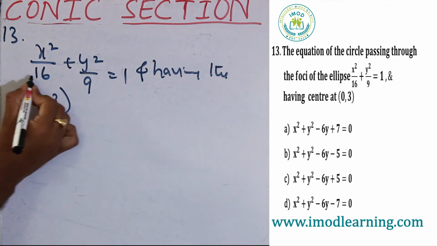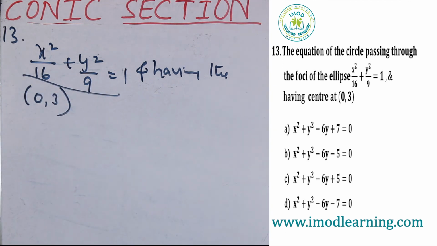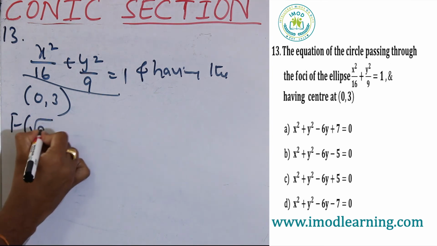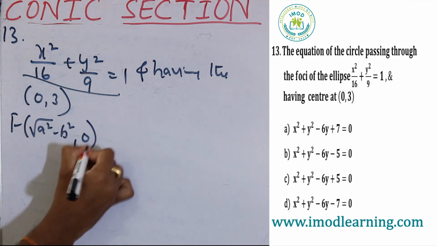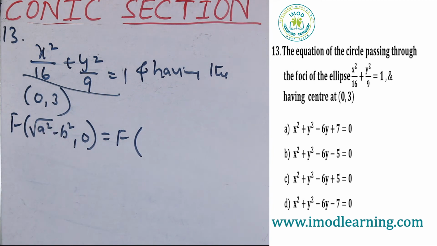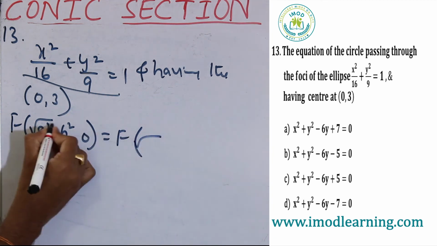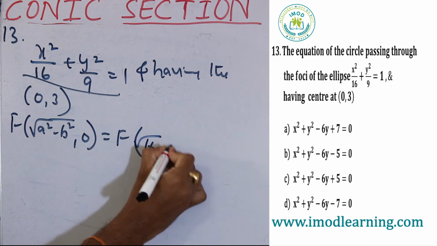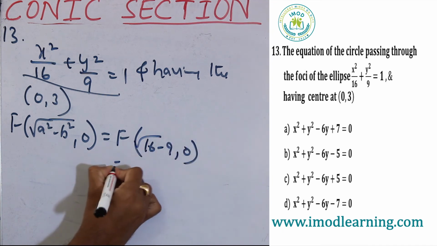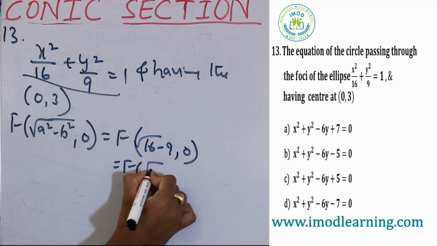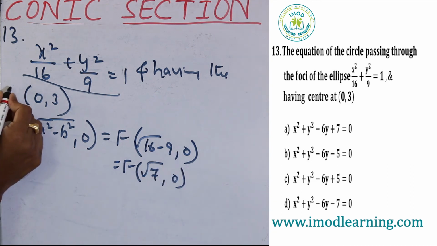For this you can find out the foci. So foci is equal to plus or minus square root of a square minus b square, 0, which is equal to root of 16 minus 9, which is root 7, 0. Let me call this point c.